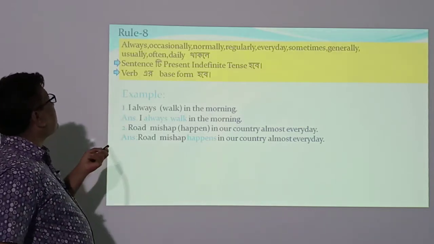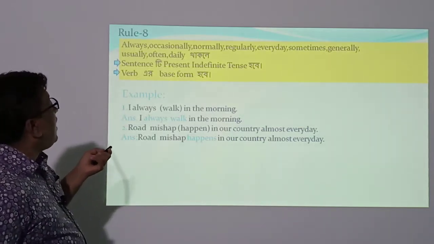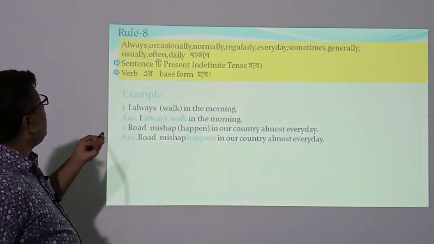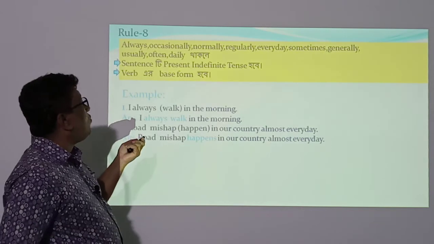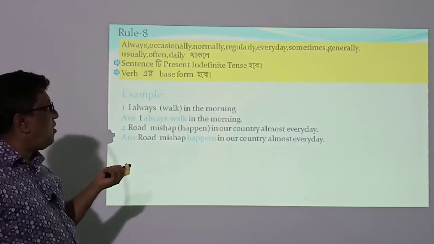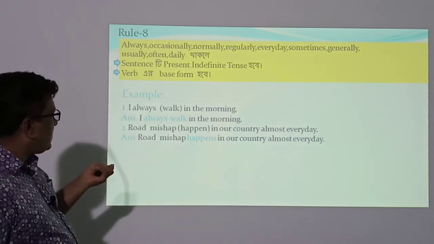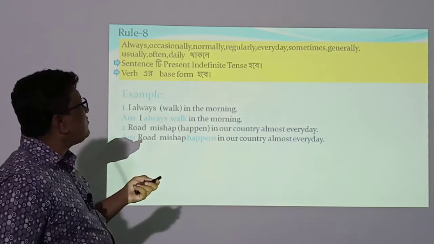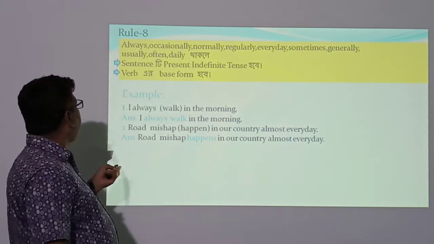First example: I always walk in the morning. The answer will be "I always walk," base form of the verb. But in the second sentence, road mishap happen in our country almost every day.